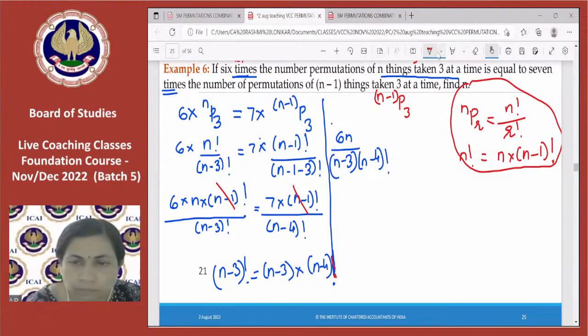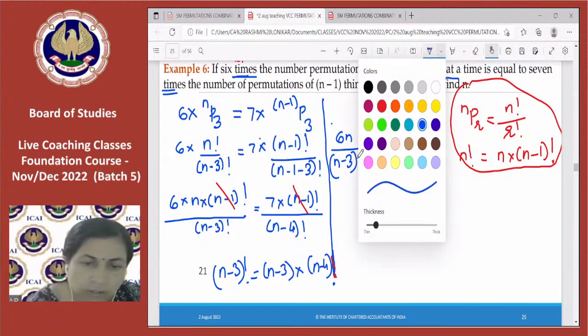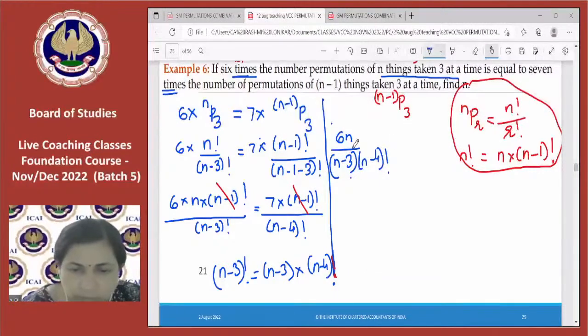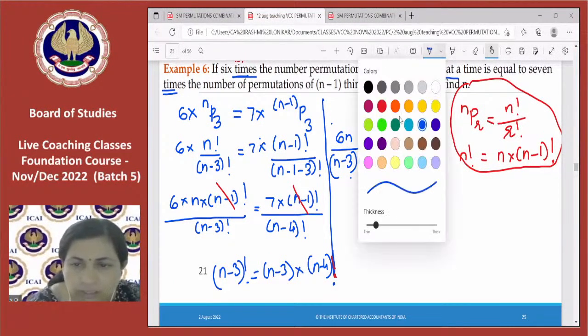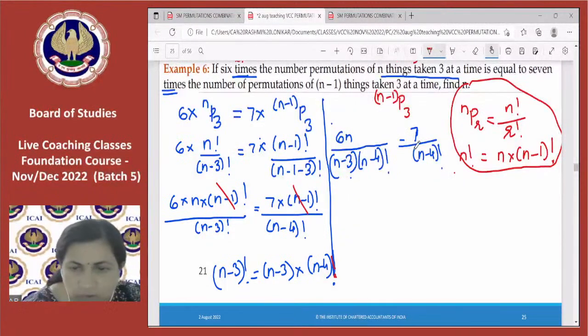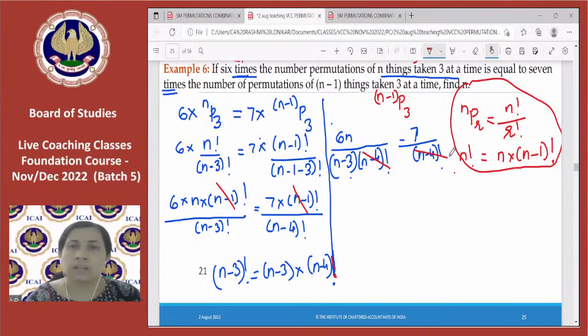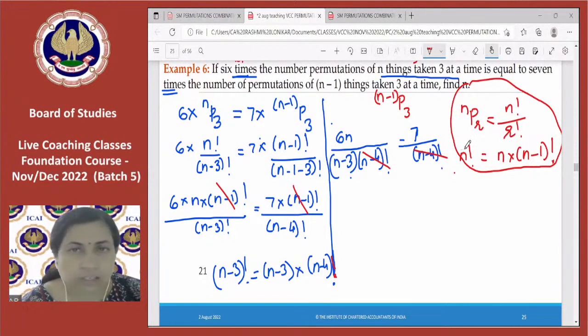This is equal to 7 upon (n minus 4) factorial. Now (n minus 4) factorial will be cut, taken common out in the denominator.